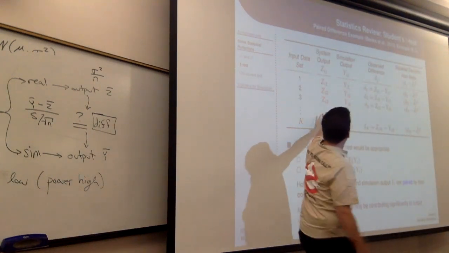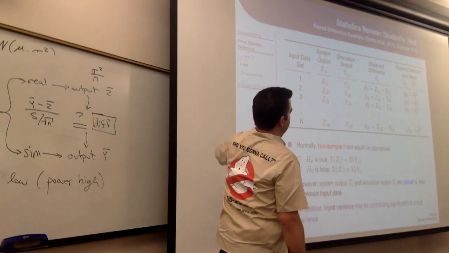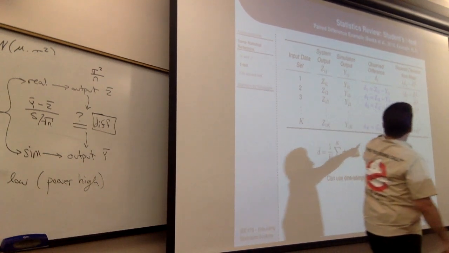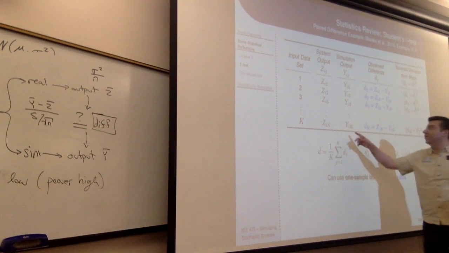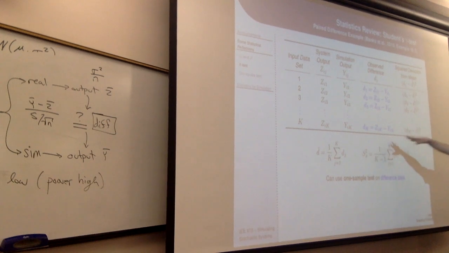So we've got our real outputs, we've got our simulation outputs. We're not going to do the two-sample t-test. Instead we're going to take differences of all of those, and we get a single vector of differences. You'll calculate something like this on your homework.